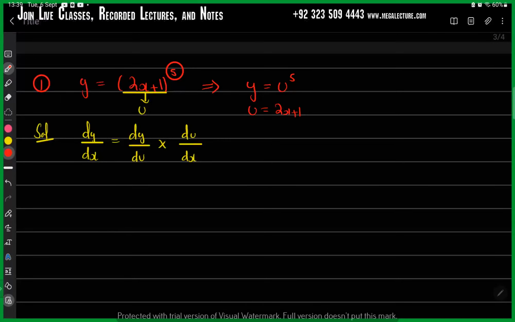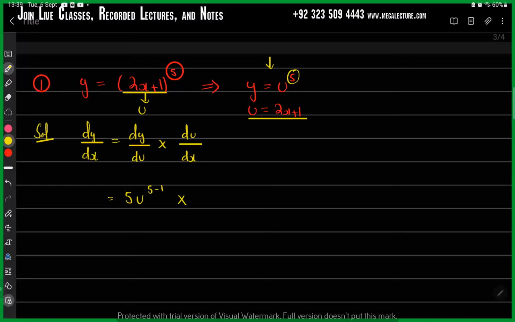Now dy by du is going to be found using this equation. So it would be, the power would come as coefficient. So 5u power whole power minus 1 multiplied by du by dx, differentiation of u with respect to x.